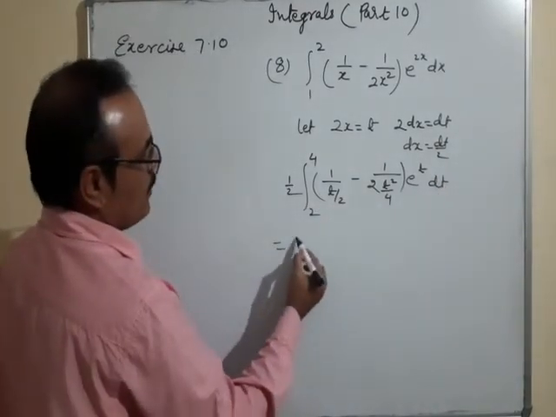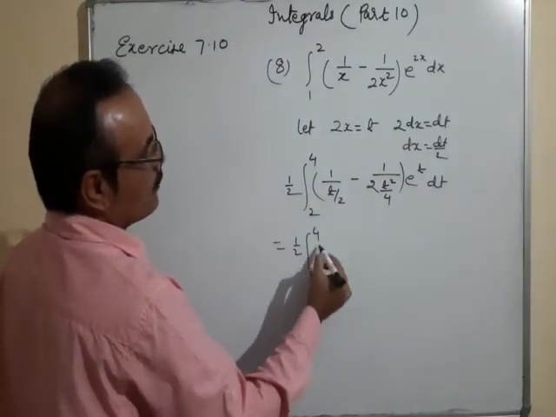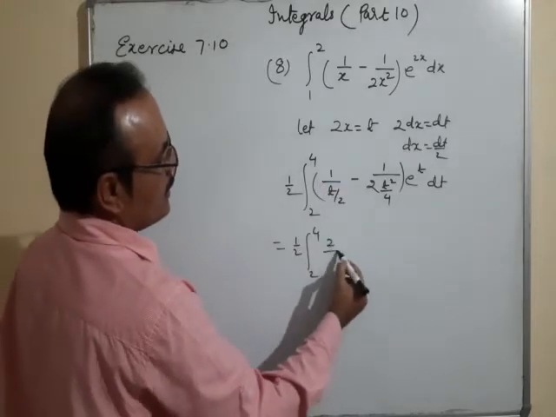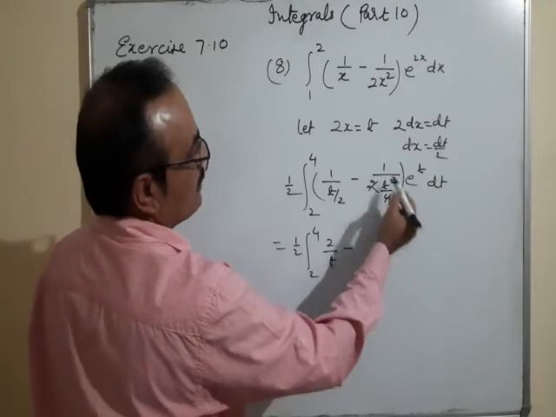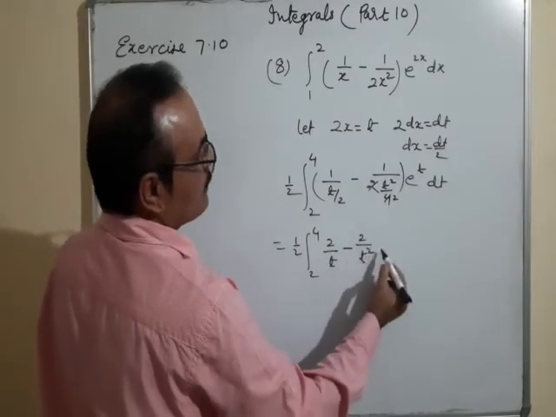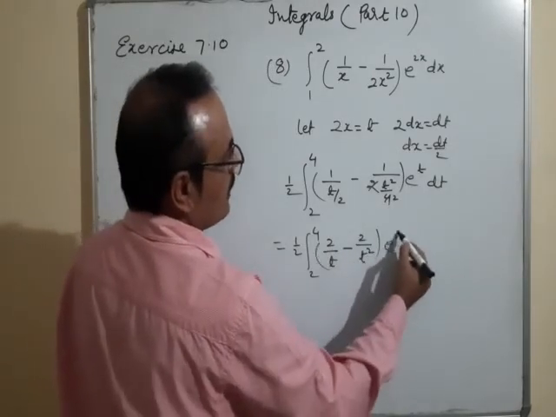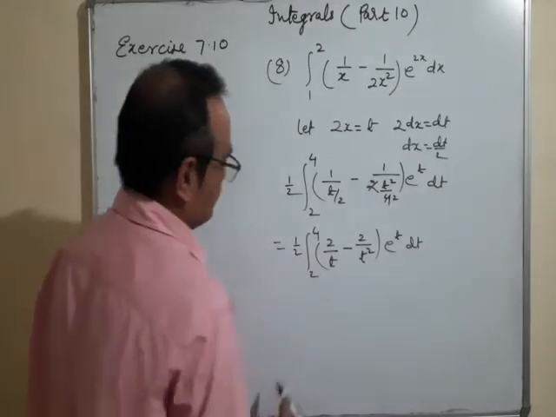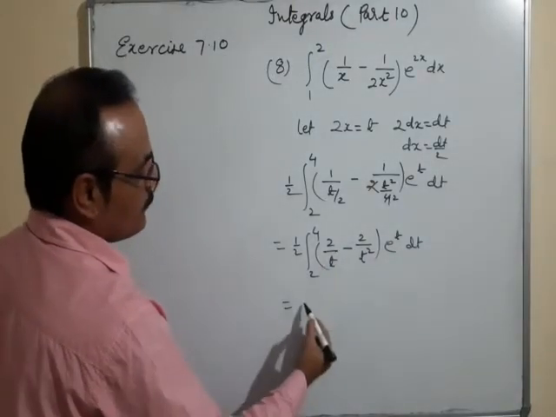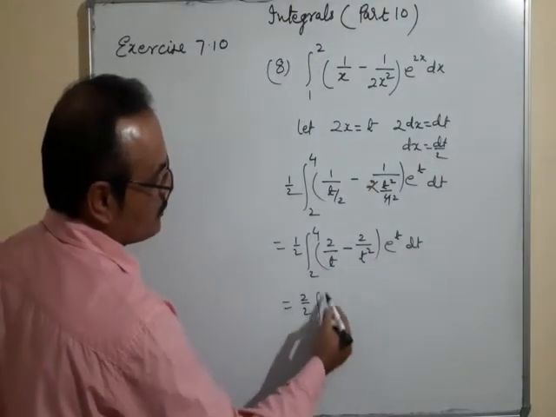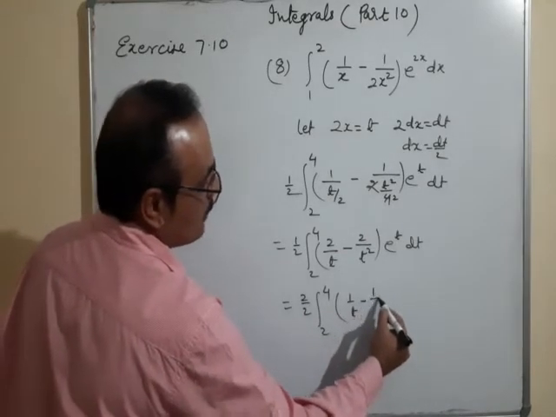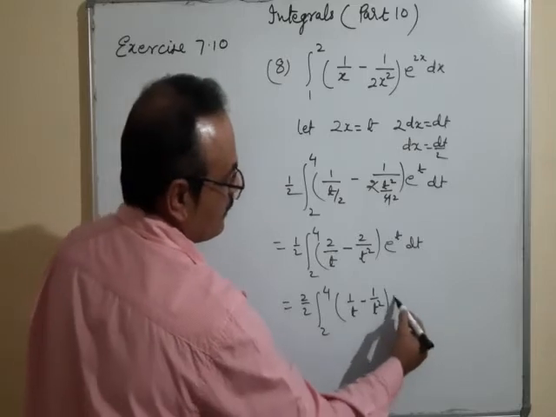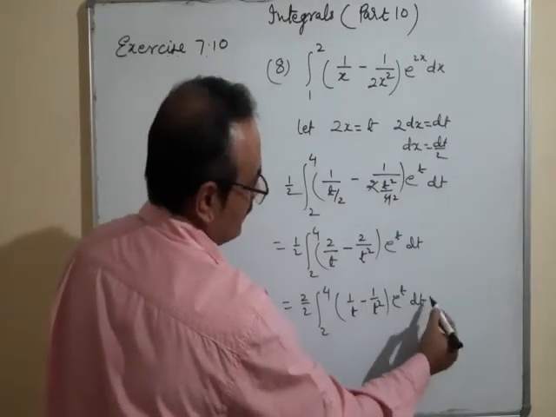So 1 upon 2, limit 2 to 4, 2 upon t minus 2 upon t square, e to the power t dt. 2 is common from the numerator, so 2 upon 2, limit 2 to 4, 1 upon t minus 1 upon t square, e to the power t dt.